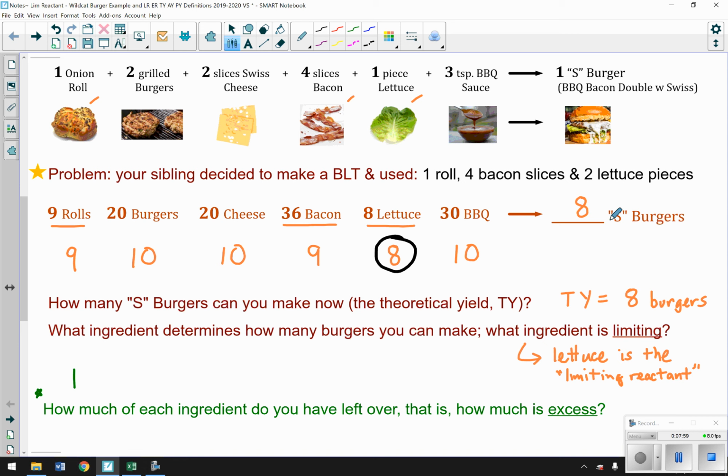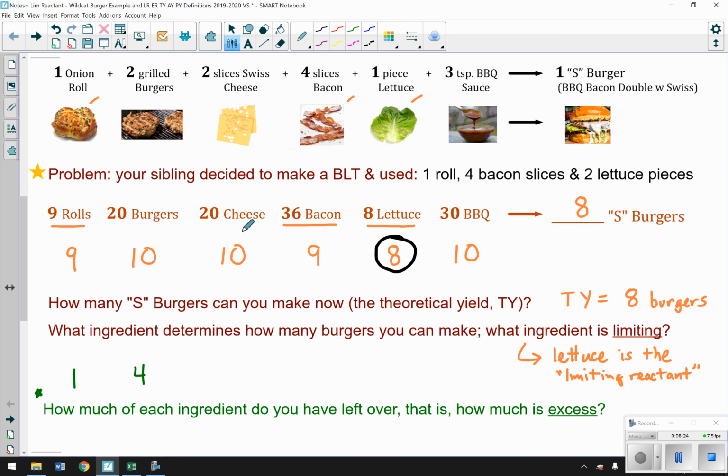You can only make 8 burgers, and so you're only going to use 16 burgers for your 8 S burgers. And if you use 16 and you have 20, you will have 4 patties left over, 4 hamburger patties. Same with the cheese. To make 8 S burgers, it would take 16 slices of Swiss cheese.